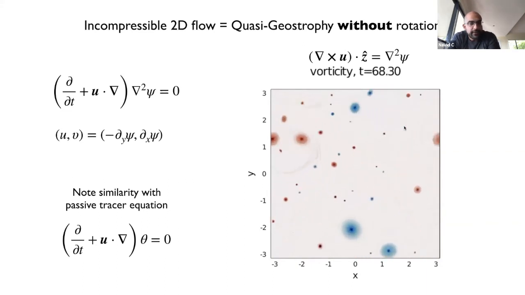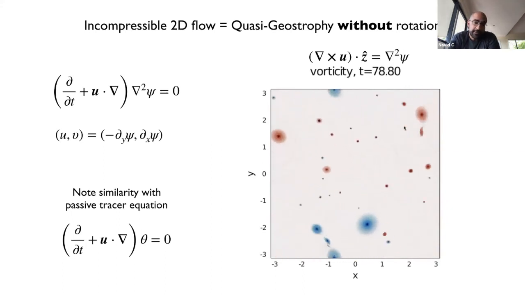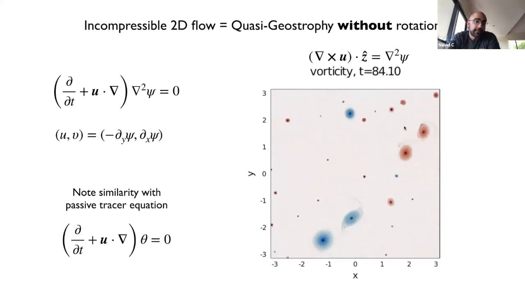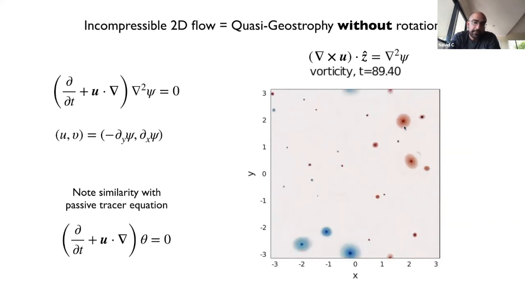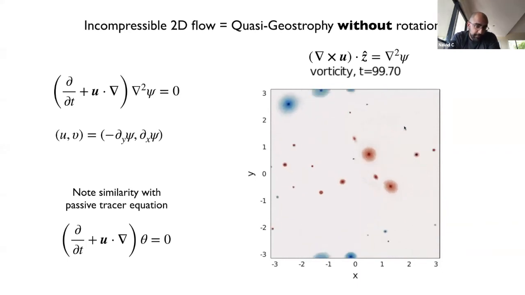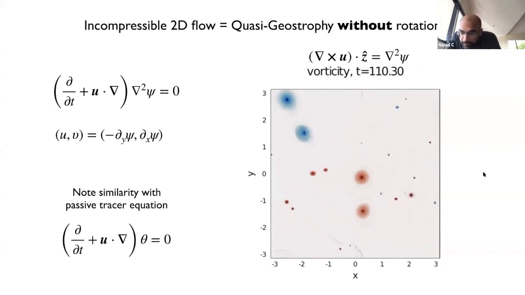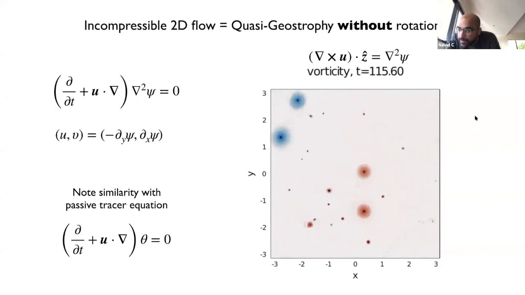So energy goes into the larger scales. And if we let the simulation run long enough, you will end up with one big red vortex and one big blue vortex. Hopefully you can see this video. This is mesmerizing, I really like this video.